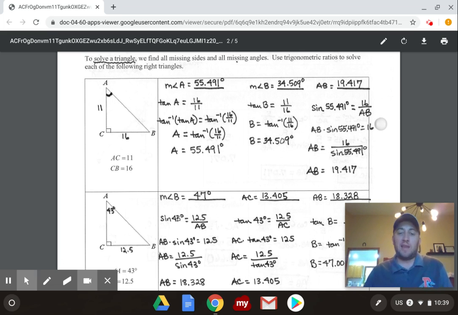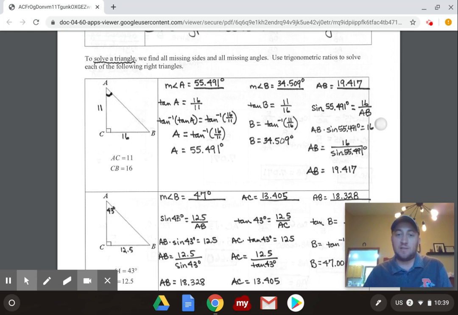The only thing that I would say that's important, and it's a calculator issue, is your calculator needs to be in the mode of degrees and not radians. There are multiple ways to measure an angle. We're going to get into that probably next week, but radians is one of those ways.